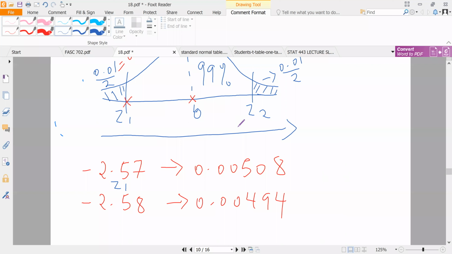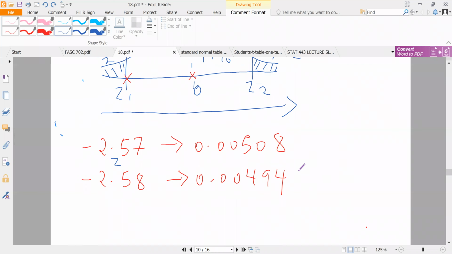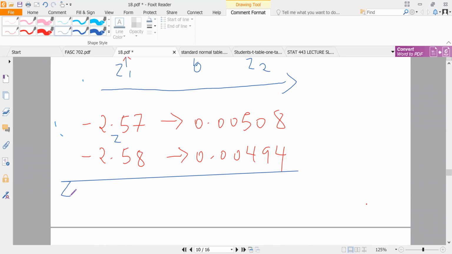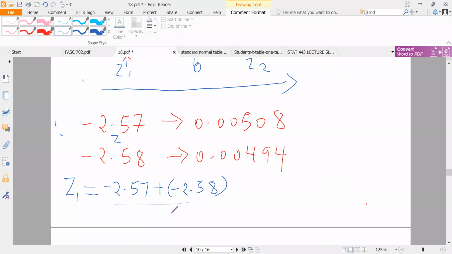So Z1 is the average of minus 2.57 and minus 2.58, divided by 2.